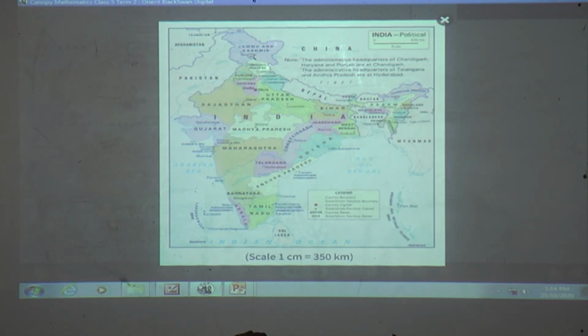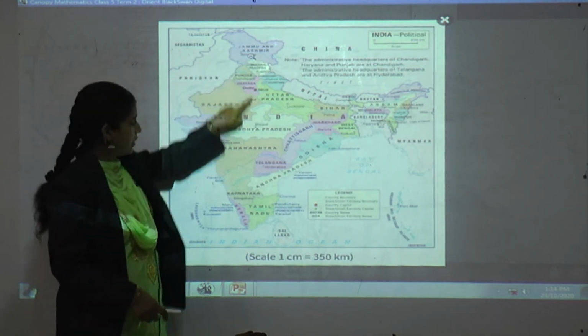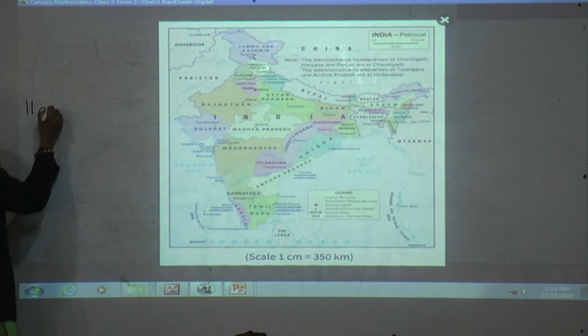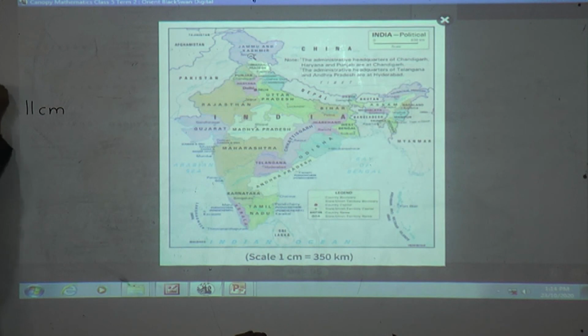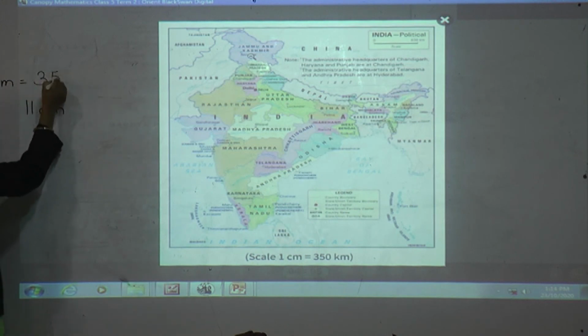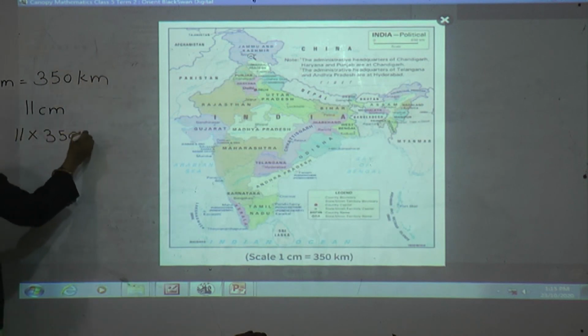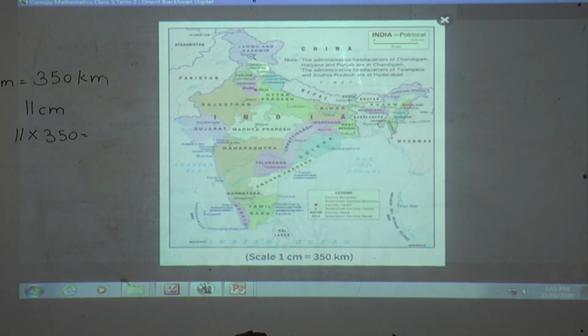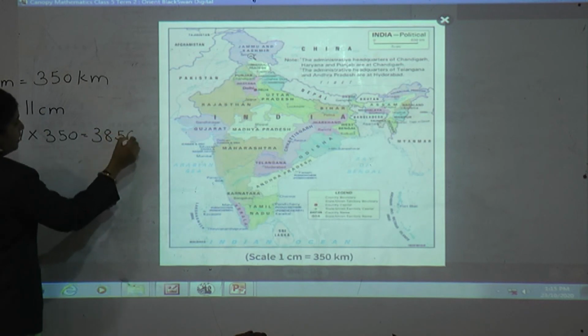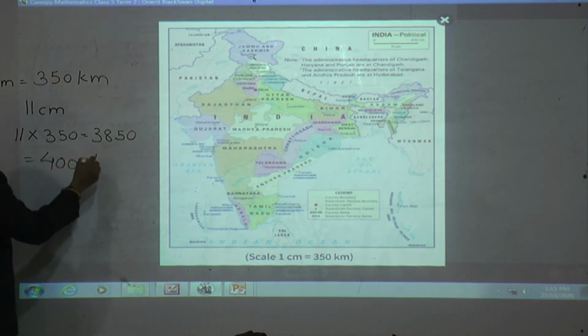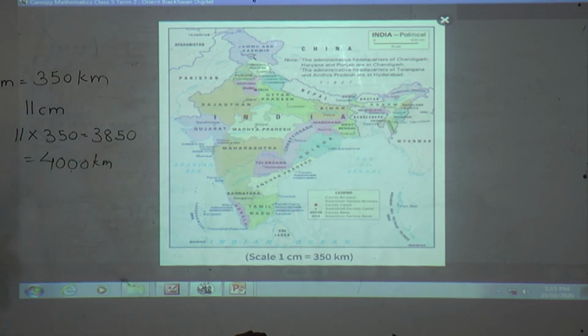You will get 11 centimeters. But they have given us the scale, 1 centimeter is equal to 350 kilometers. So just multiply 350 by 11. You will get 3,850. So students, it is approximately 4,000 kilometers. So this is the answer.